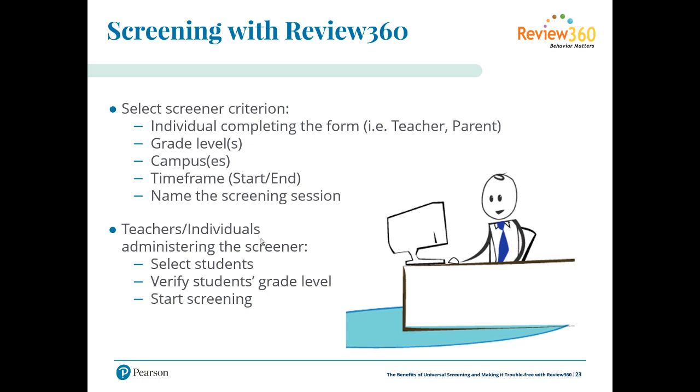So that's kind of 2 phases. You're going to build it, select the criterion of where it's going to happen, who's going to do it, grade levels, campuses, what have you, start and end, name it. Then those people, end users, will have a process where they go through and make sure they're selecting and screening the kids that they need to be screening.